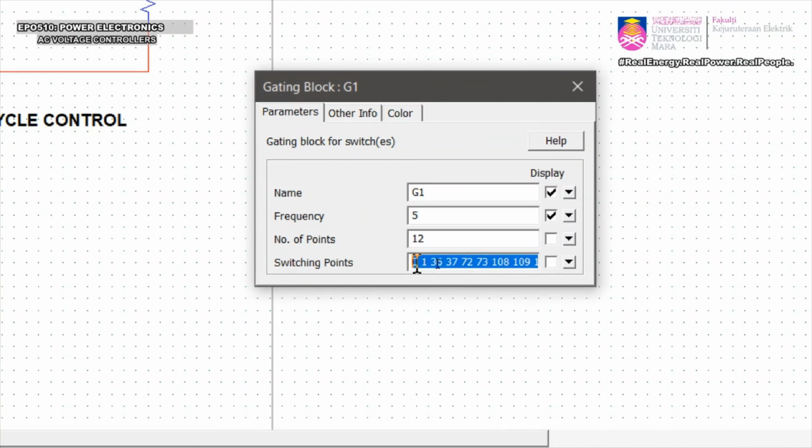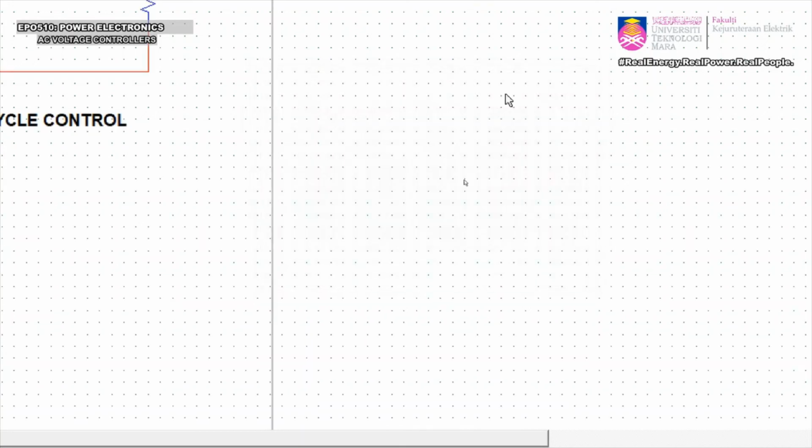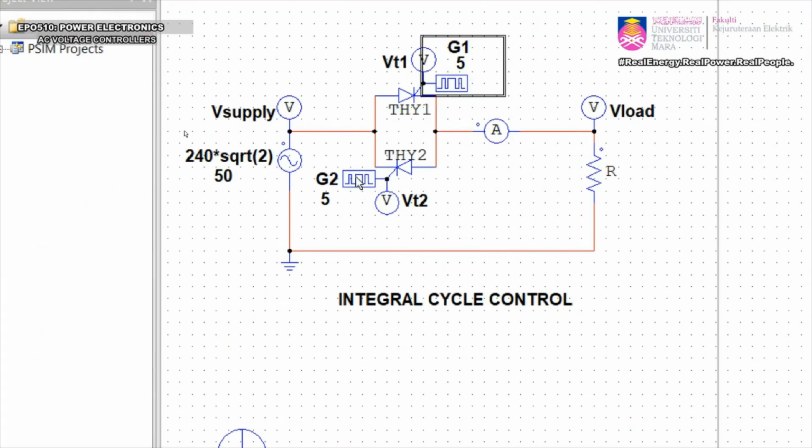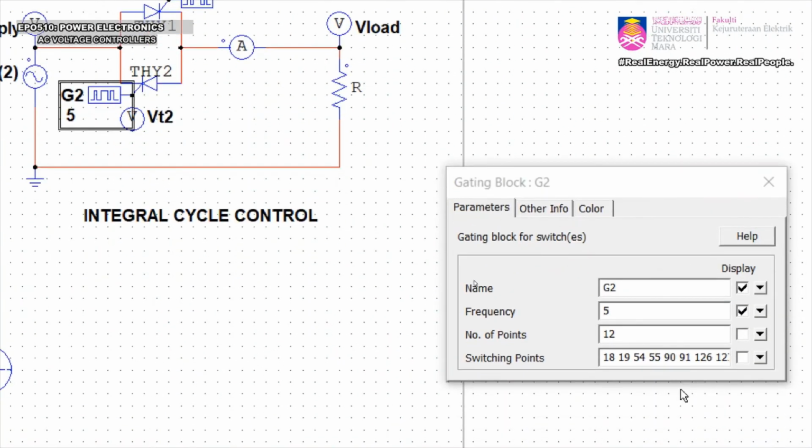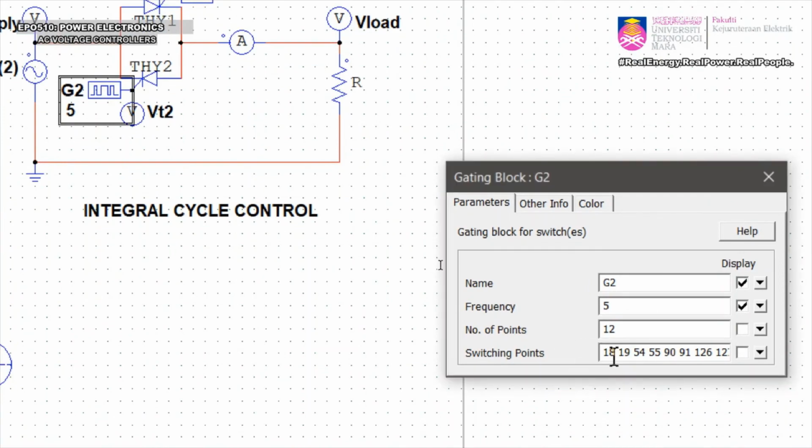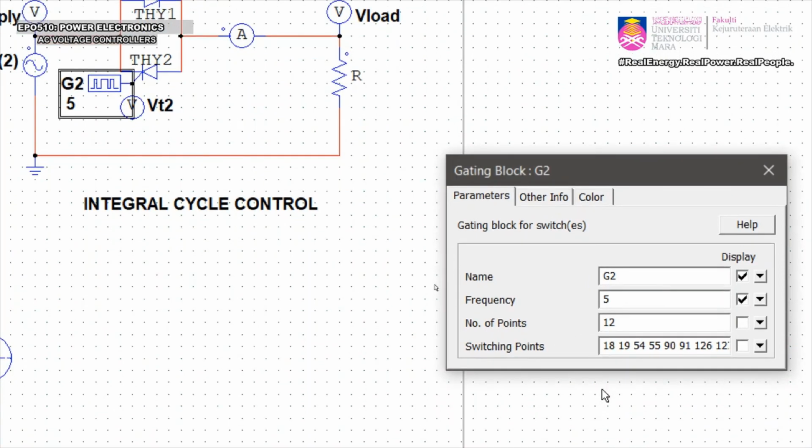Okay, so that is for thyristor 1. And for thyristor 2, you'll be triggering at 18, 54. Just focus on the front numbers. 18, 54, 90, 126, the rest.